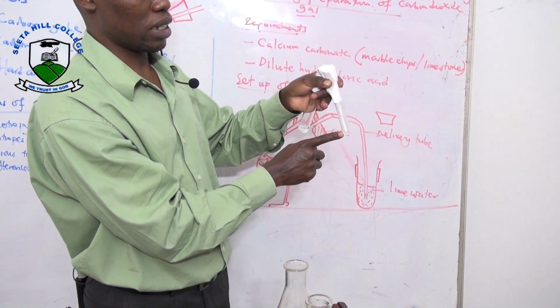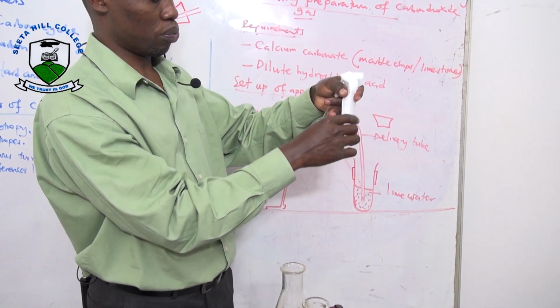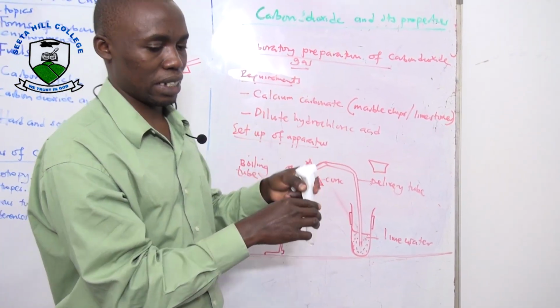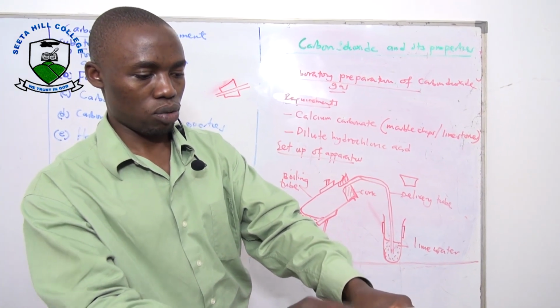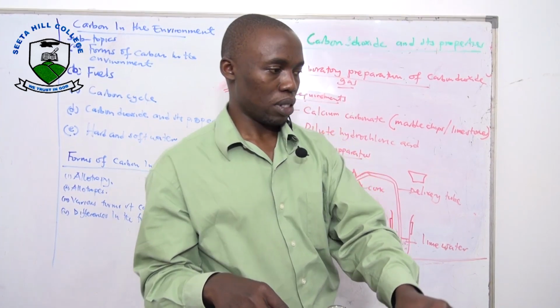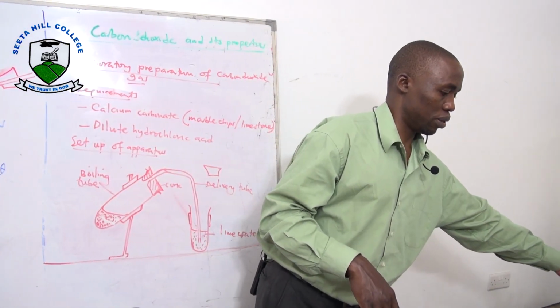Lime water turns milky when the carbon dioxide enters it. That one we shall do in project work, to prepare that gas and test for it, and that will do us good.